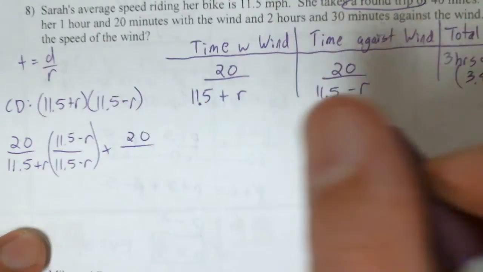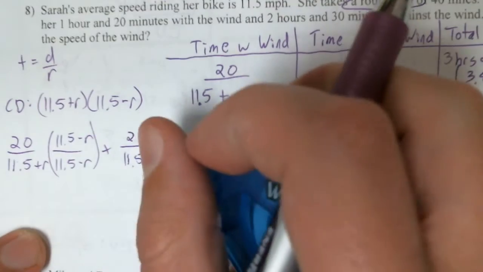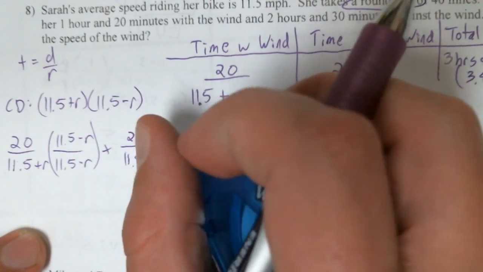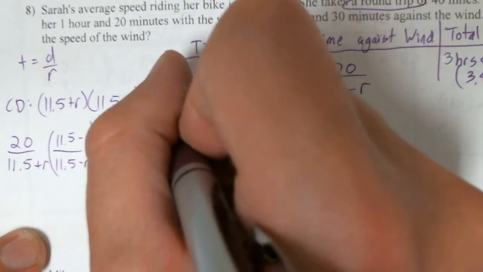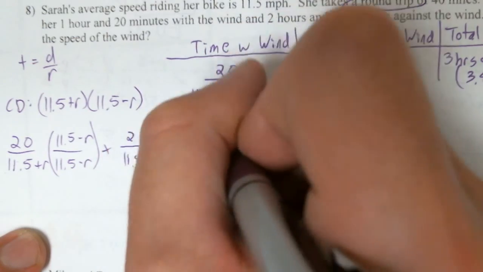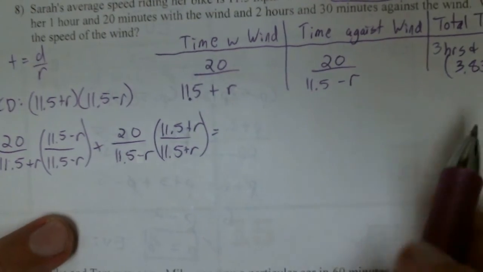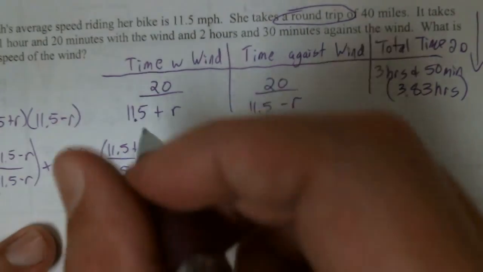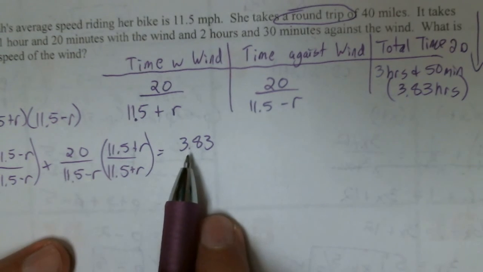All right, then plus against the wind, 11.5 minus R. So this guy needs the 11.5 plus R. Okay, that is going to be equal to 3.83. But this also needs the common denominator.